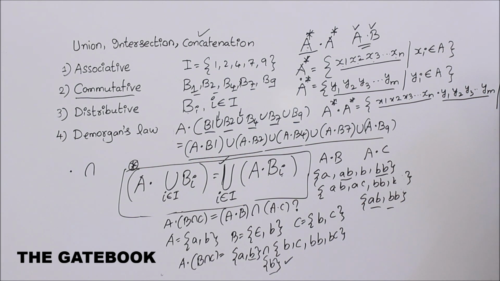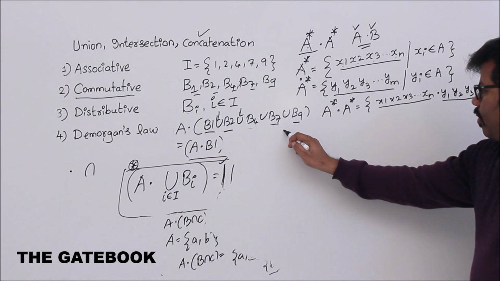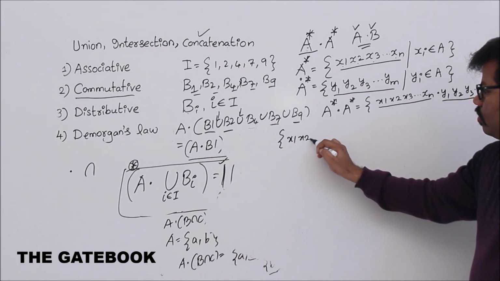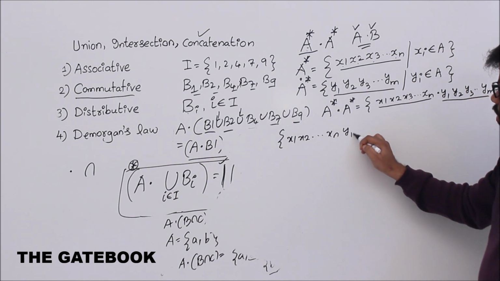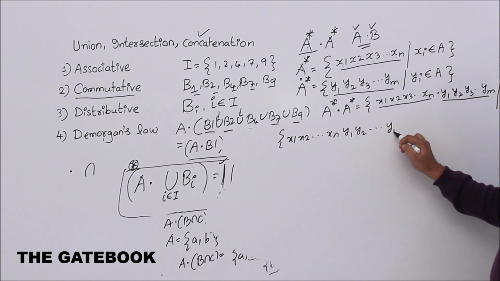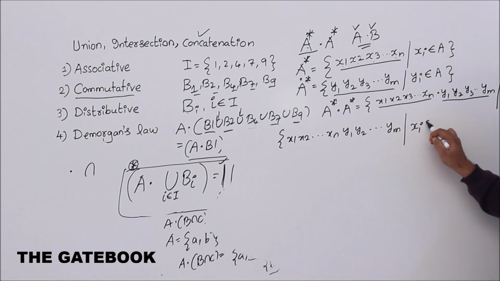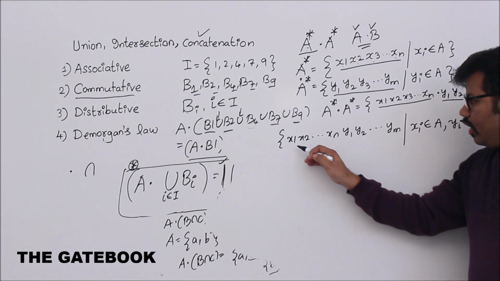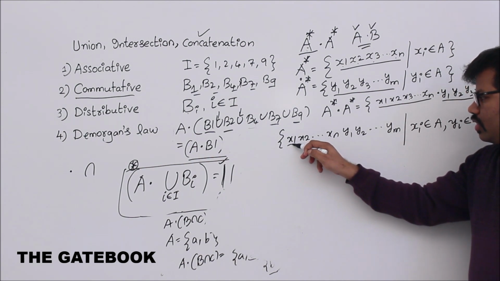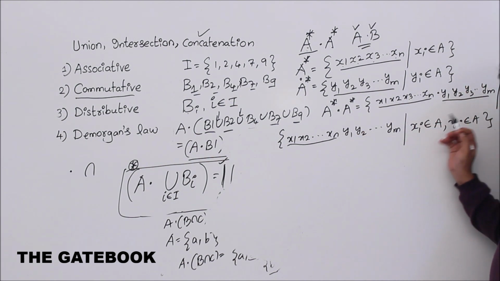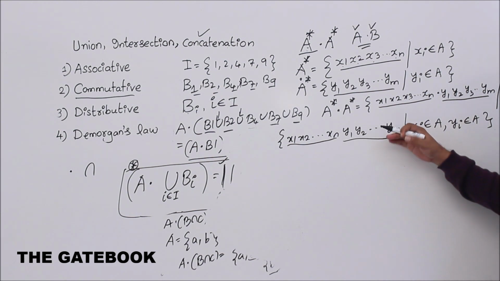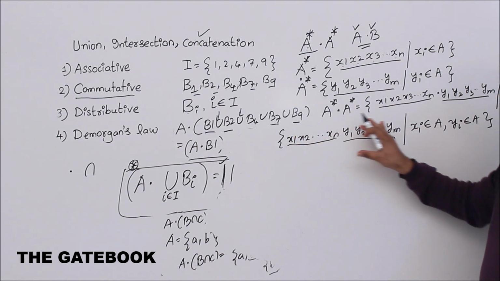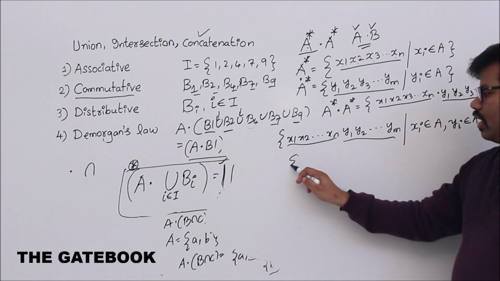Each xi belongs to A and each yi belongs to A. Finally, you are writing some sequence of strings taken from A, again some sequence of strings taken from A, and you are writing the concatenation. That's the definition of A star, right?